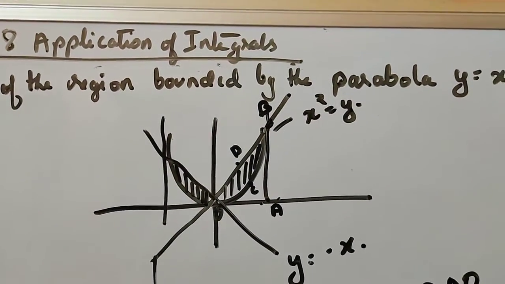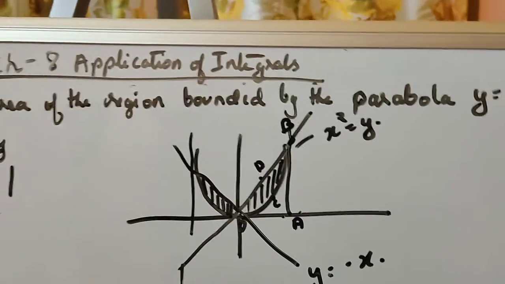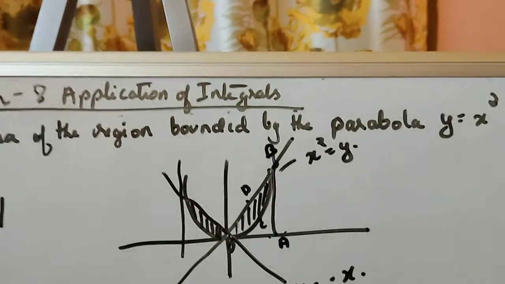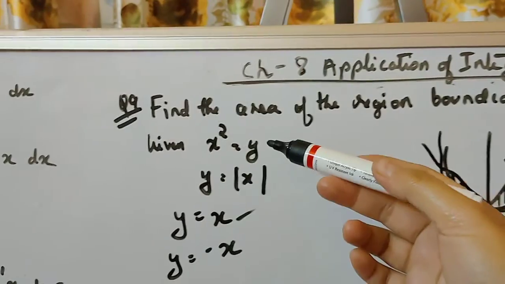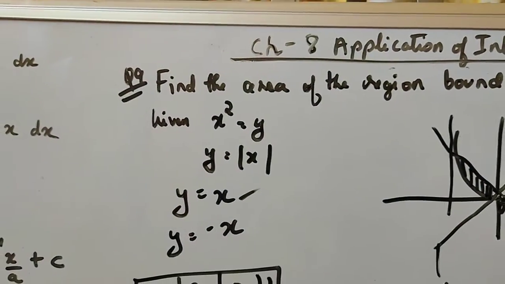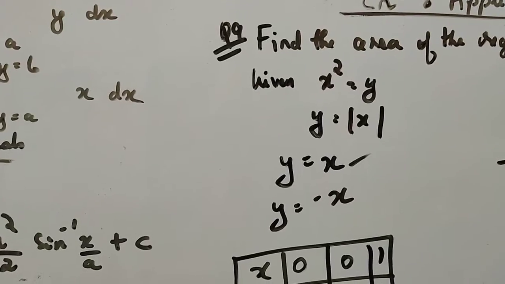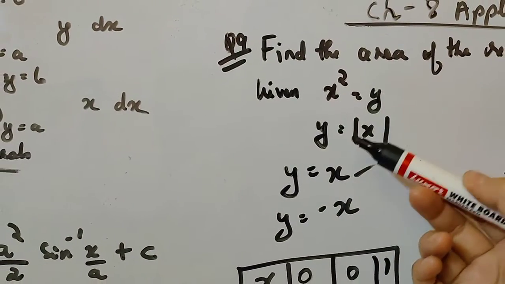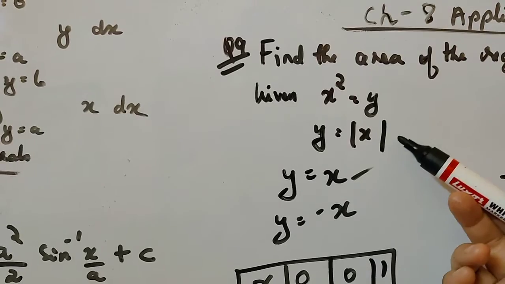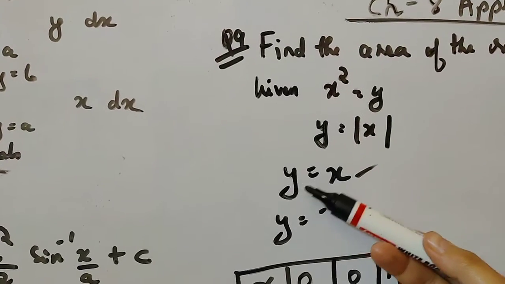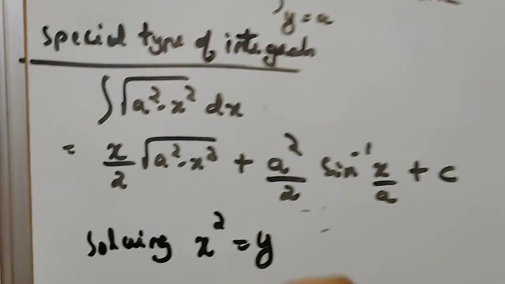In the previous question also, what we did is solve both the equation of the line as well as the equation of the parabola, that is, x square is equal to y and y is equal to mod of x. I am going to consider the positive one, y is equal to x.